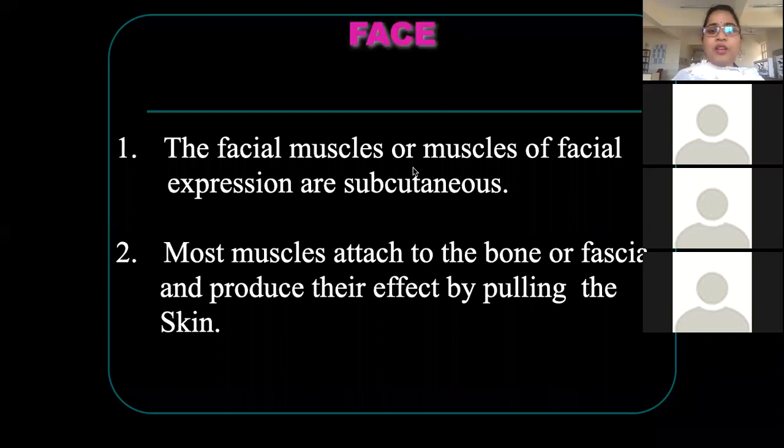We use muscles of facial expression, but these facial expressions are secondary functions to the opening and closure of the orifices. So these muscles are called facial muscles or muscles of facial expression. These are subcutaneous in structure. Clear everyone?